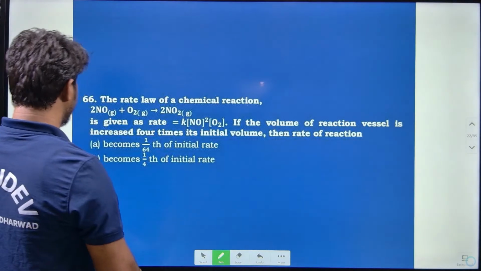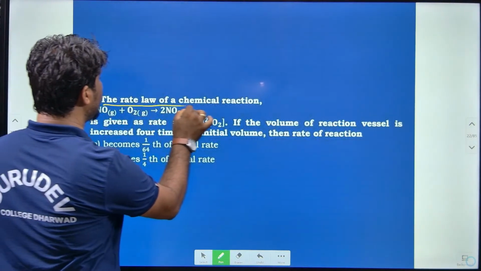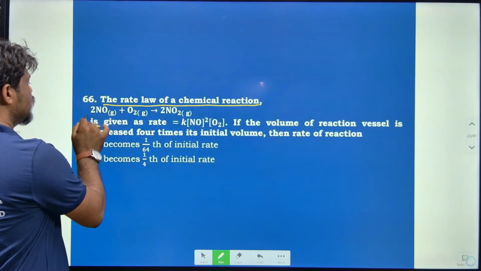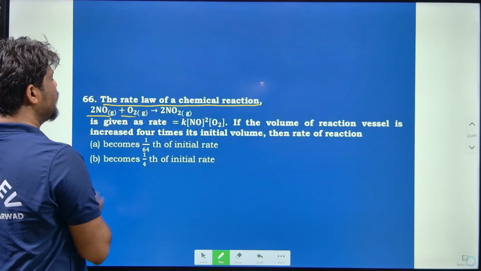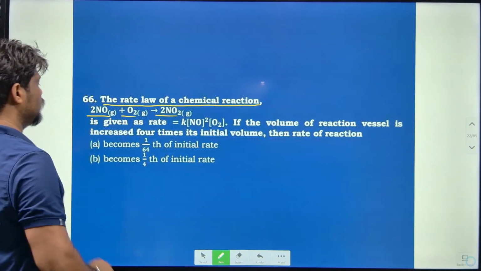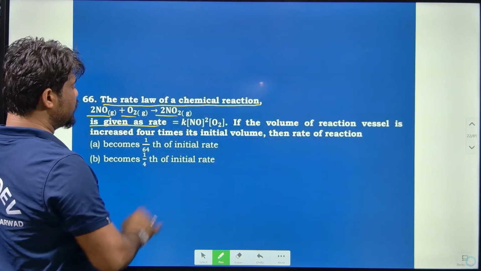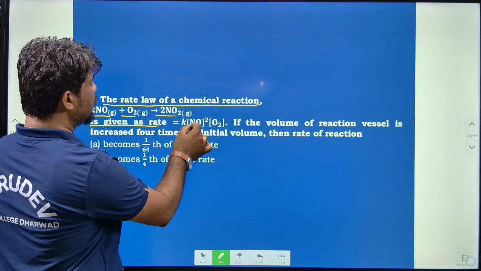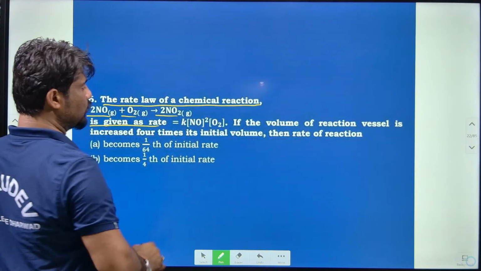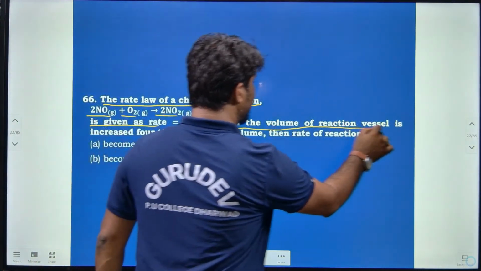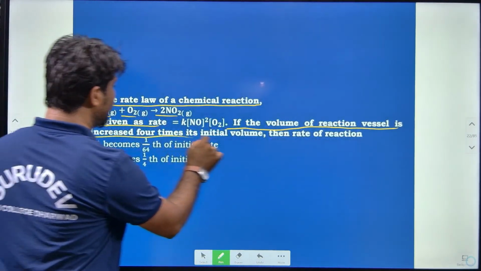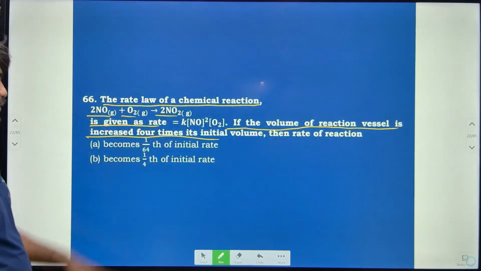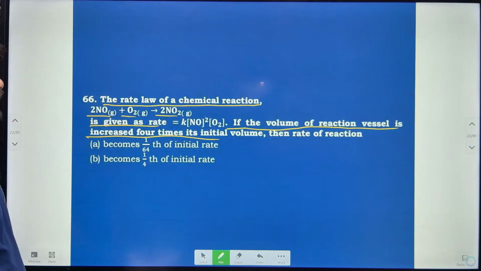See what they have given here. The rate law of a chemical reaction, 2NO plus O2 gives 2NO2, is given by the rate equation R is equal to K into [NO] squared into [O2]. If the volume of the reaction vessel is increased by 4 times its initial value, then the rate of the reaction?